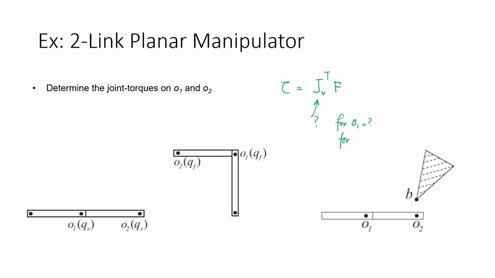And for O2, what is going to be that? So this is the quest initially that we wish to find out these Jacobians, and once found, we're going to multiply those with the already computed attractive and repulsive forces to find out the joint torques. So let's start with finding out the Jacobians.